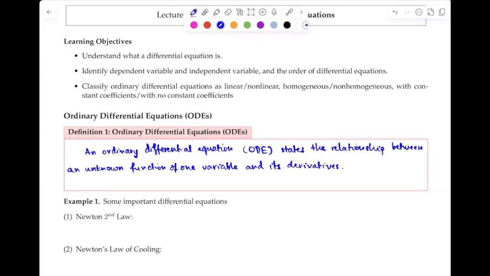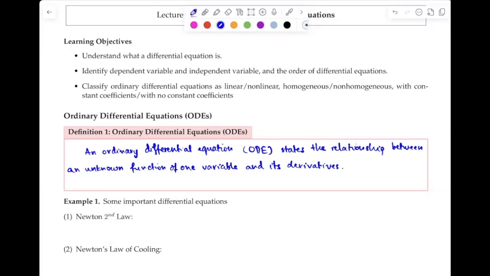All right. So in a way, you have seen differential equations even in calculus 1 and calculus 2, because you have equations where you have a derivative set equal to something else, right? Then that is a differential equation.